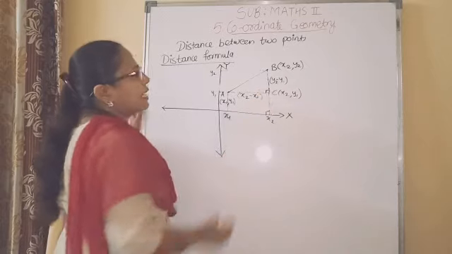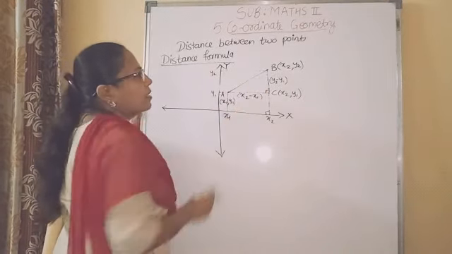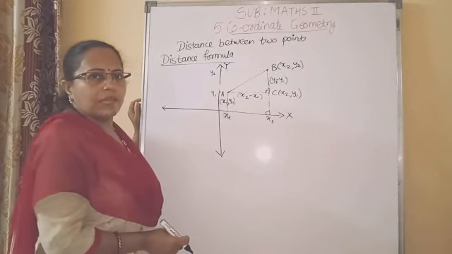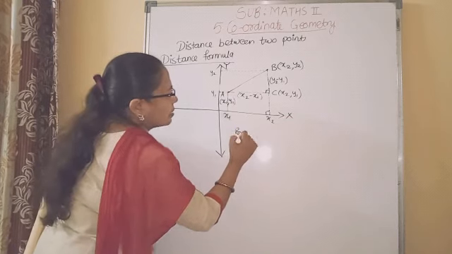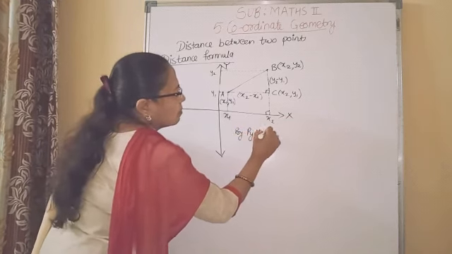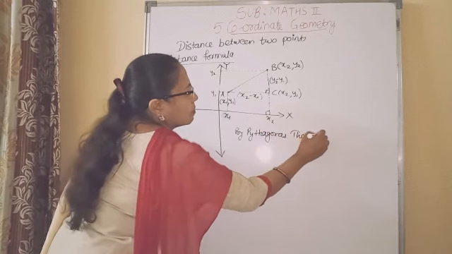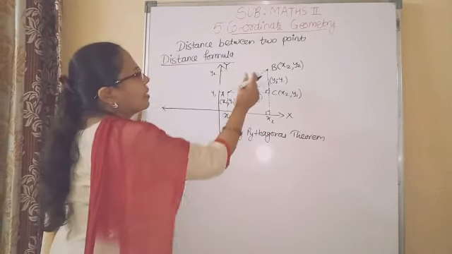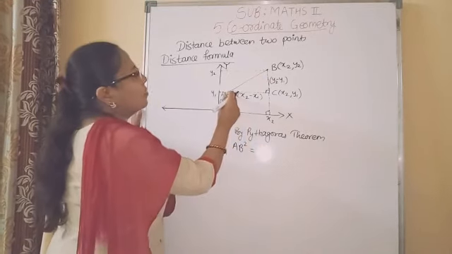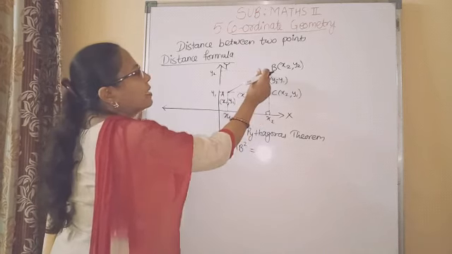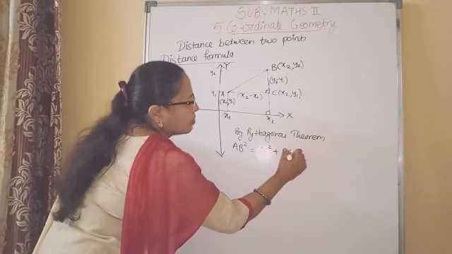Here we draw the perpendicular, so we got a right angle triangle ACB. In this right angle triangle we can use the Pythagoras theorem. So by the Pythagoras theorem, we will get AB square is equal to AC square plus BC square.